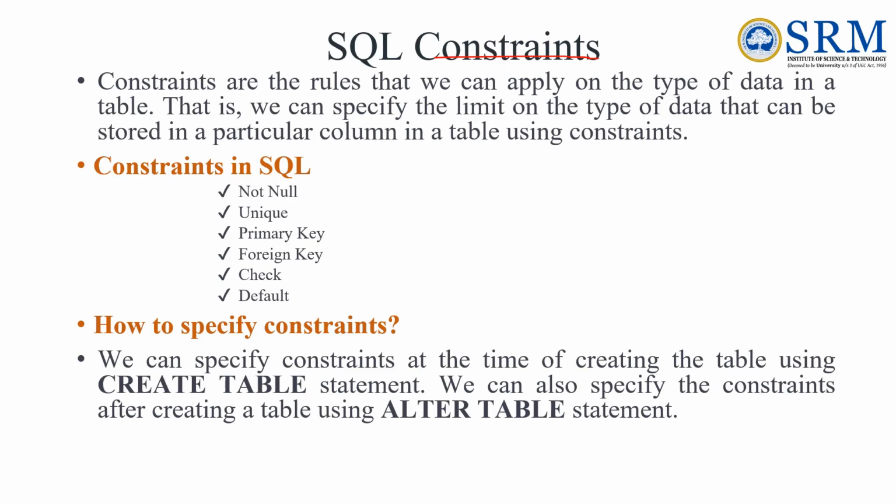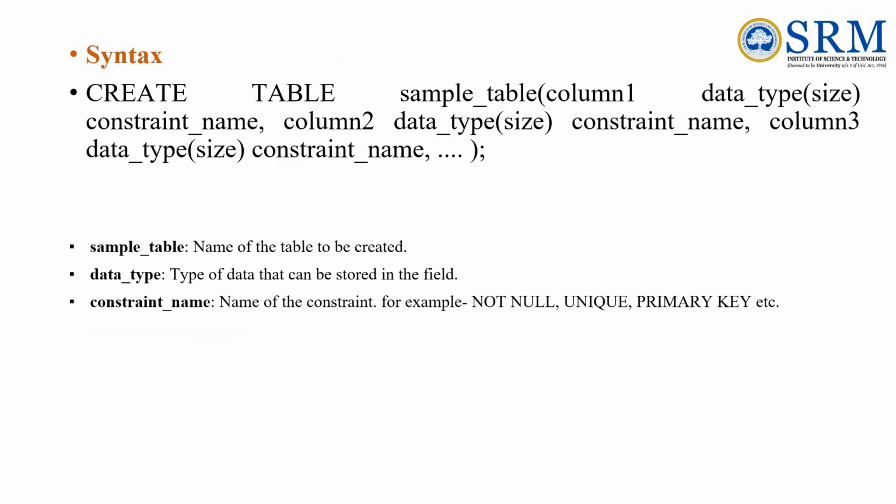The different types of constraints in SQL are: first, NOT NULL; second, UNIQUE; third, PRIMARY KEY; fourth, CHECK; and another one, DEFAULT. Coming to the next slide, how do we create these constraints? There is a rule: CREATE TABLE, table name, then the attribute name, the field name, along with the data type, and here it has been given a constraint name.